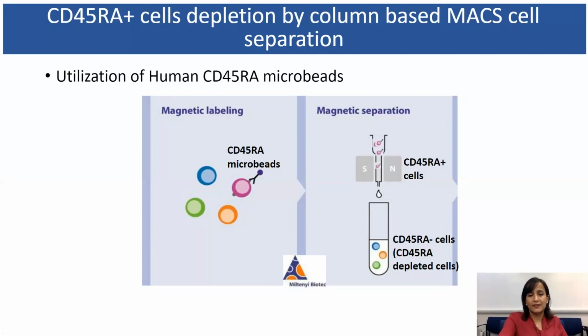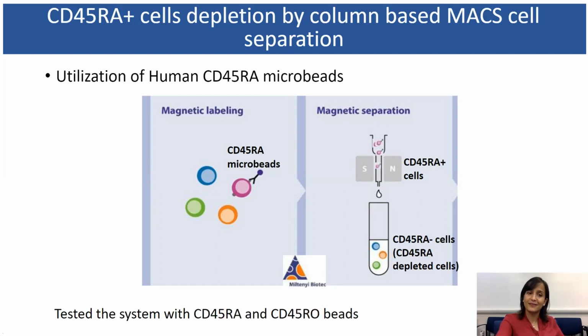So when you run these cells through this column attached to a magnetic platform, every single cell that is attached to a microbead is going to get stuck in the column. However, we then get this eluate, which is depleted of RA positive expressing cells, which are stuck in the column. So with this technique, you get this eluted CD45RA depleted fraction, which is highly enriched in memory cells. And we did test the system with both CD45RA depletion and with just selecting CD45RA positive cells and using these cells for our culture.